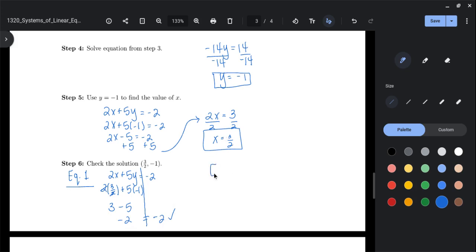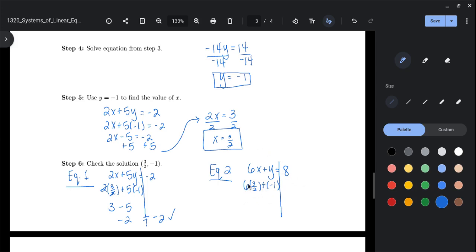So now we just need to check it for equation 2. And that equation was 6x plus y equals 8. So now we're substituting in 3/2 for x and a -1 for y. Again, I'm not working with the right-hand side, only the left, to see, do we get 8 as an answer.